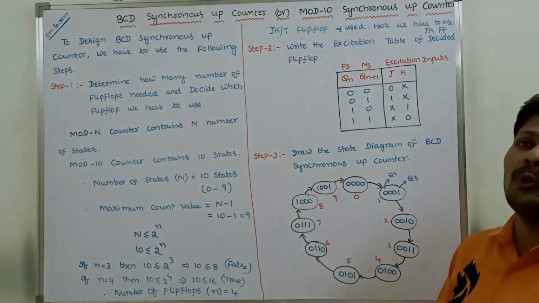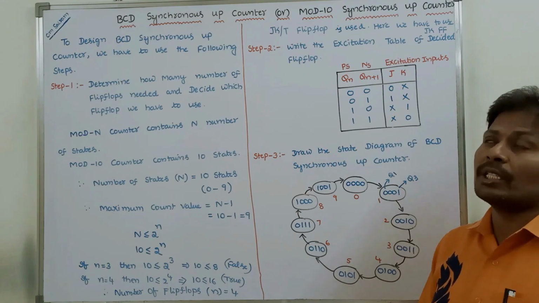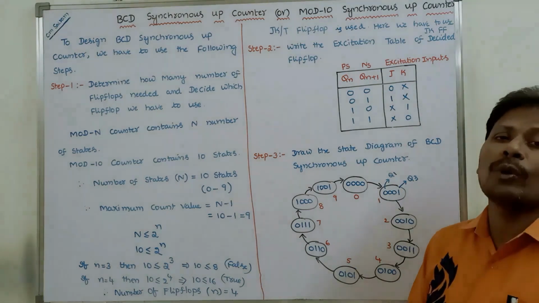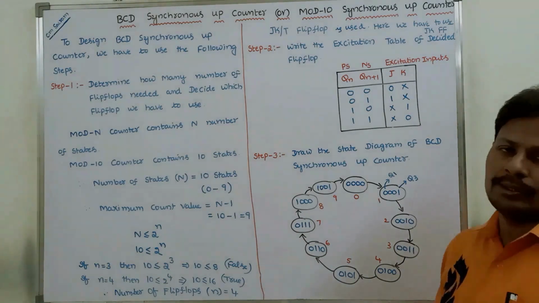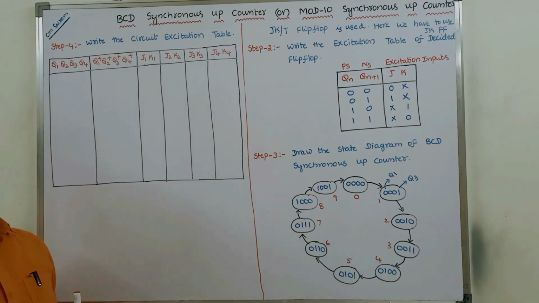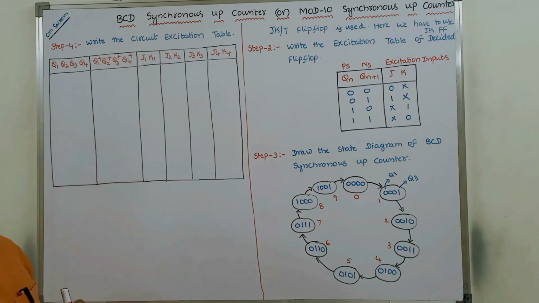In step 4, we have to draw the circuit excitation table for the BCD synchronous up counter or mod 10 synchronous up counter. How to write the circuit excitation table using step 3 and step 2? Now here there are 6 columns in the circuit excitation table.